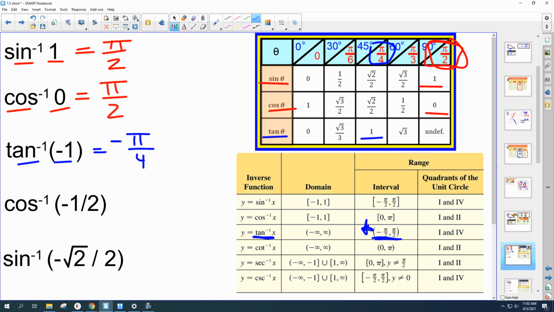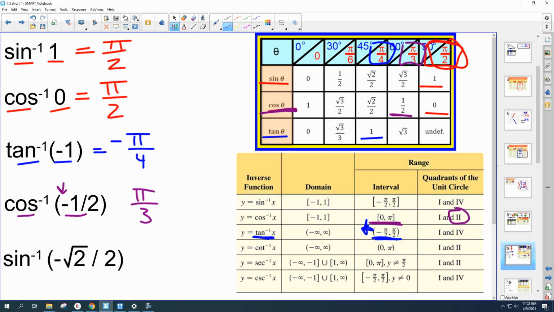Inverse cosine of -1/2. So we go to the chart, we go here, and we go here, and we see this angle, pi over 3. But we need to ask ourselves the question, are we allowed to have a negative answer? And in this case, we're not. We are not allowed to have a negative answer. The way you get this negative is from the location.